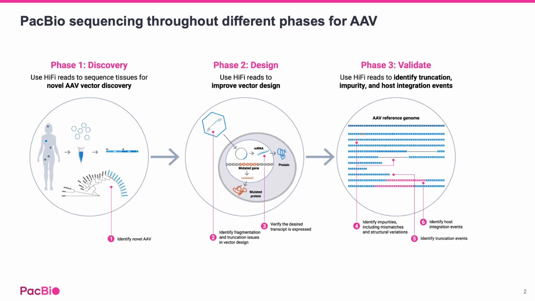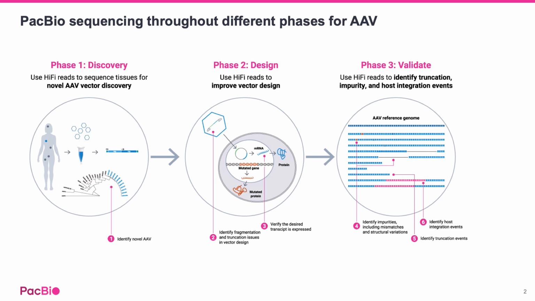In this case, our customers have also used PacBio to sequence the produced transcripts to see if the designed gene actually expresses the desired transcript isoform. And finally, HiFi reads can be used to validate the production level of different truncation, impurity, and host integration events. Our customers have also used PacBio sequencing to examine the effects of different production systems. This is what our users have been using PacBio HiFi sequencing for.